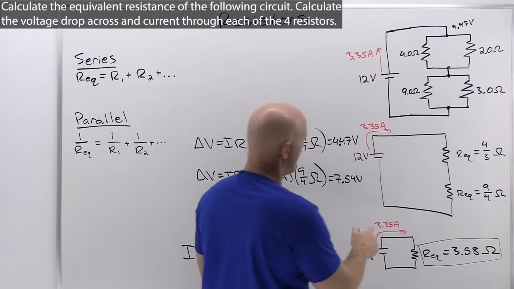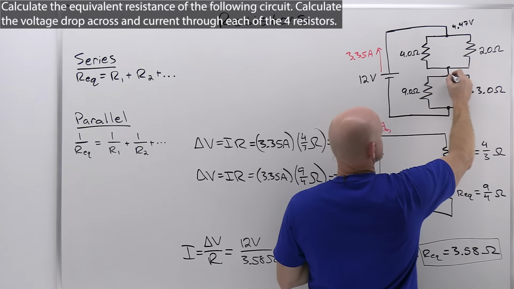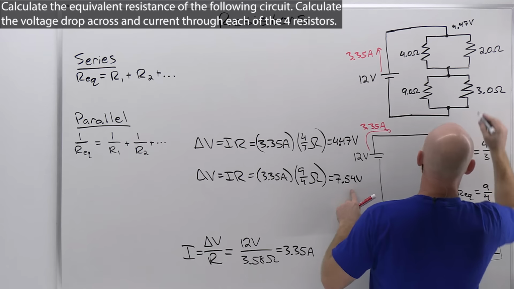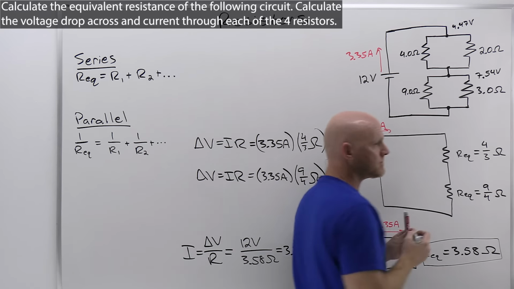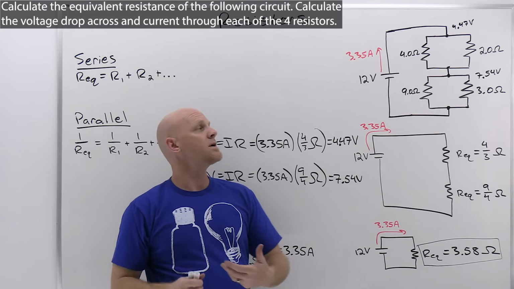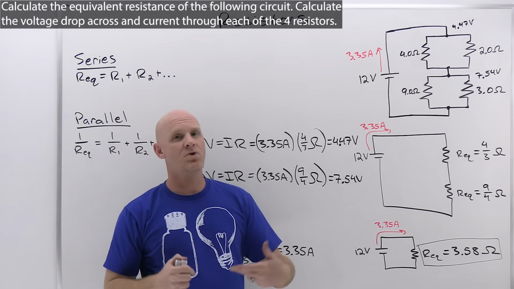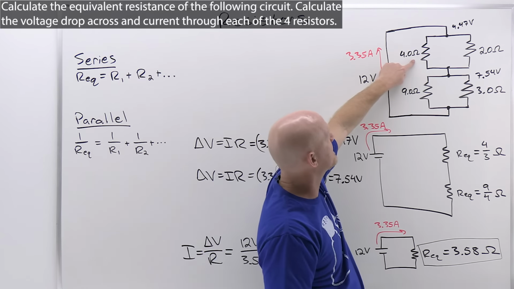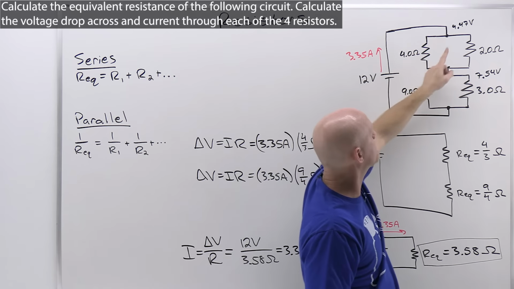And then again, if it's a 7.54 volt drop across this equivalent resistance, what that means is that from this junction to this junction, that's going to correspond to the 7.54 volt drop. And if you recall, for combinations of resistors in parallel, the potential drop across either pathway is exactly the same.